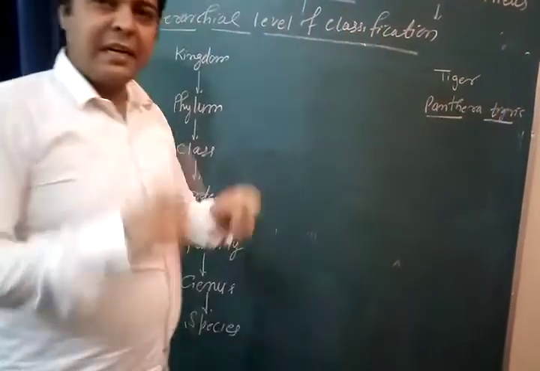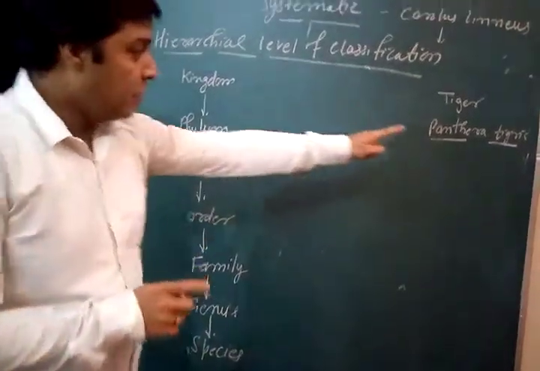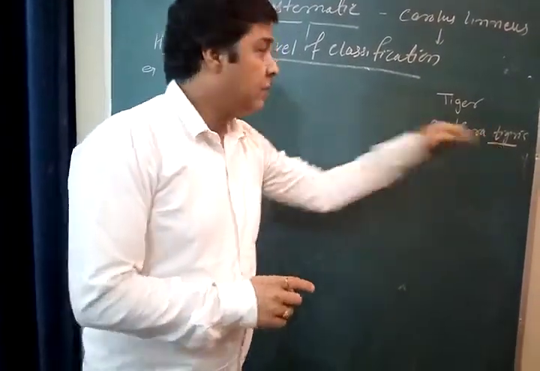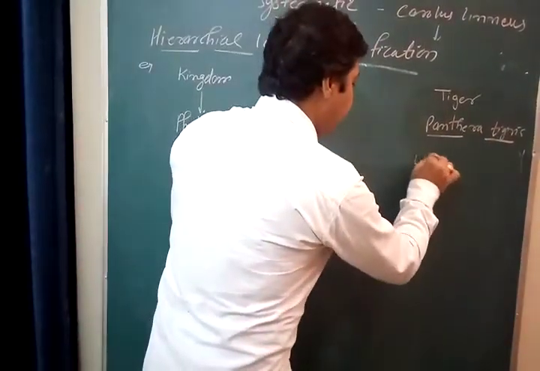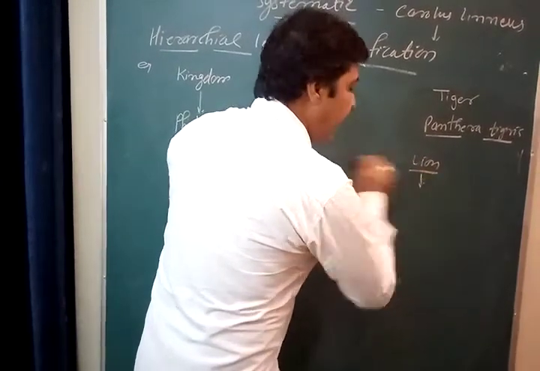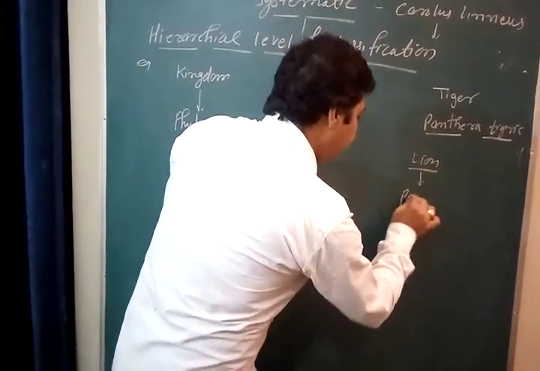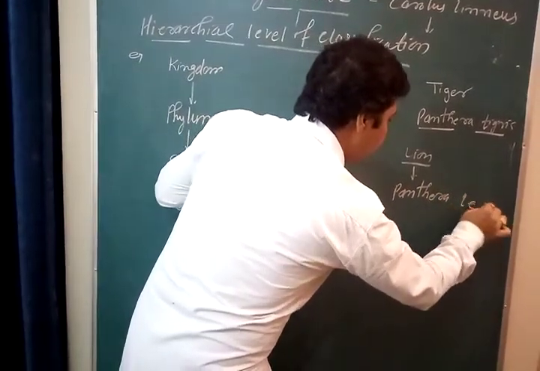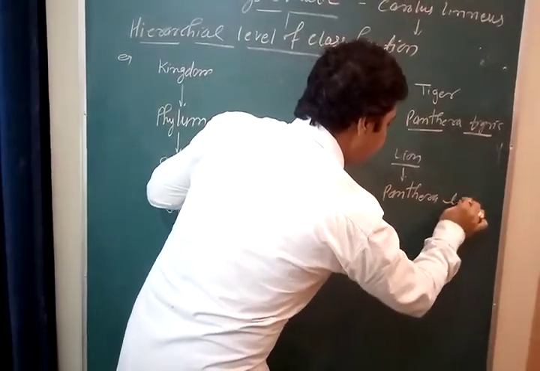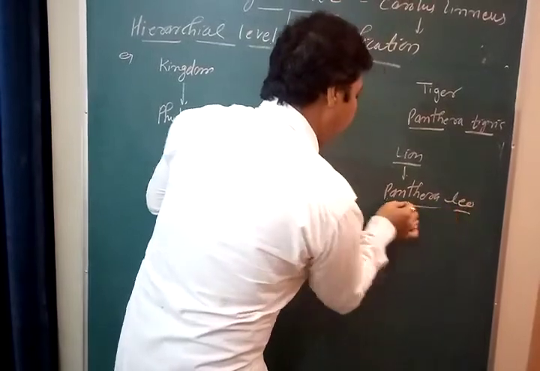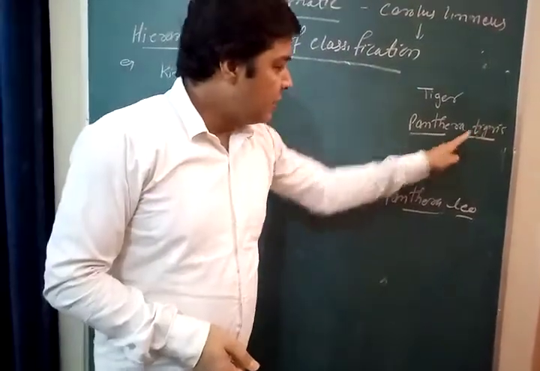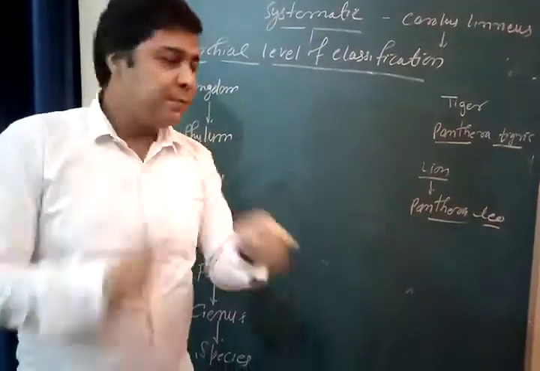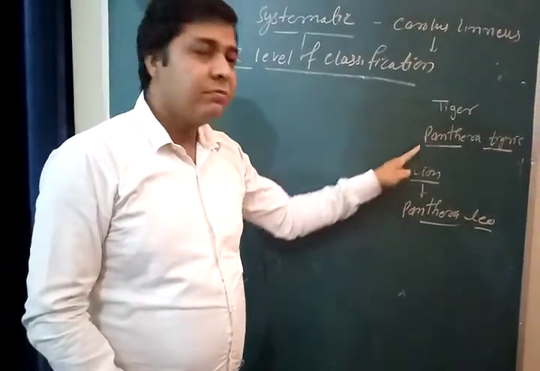Panthera tigris is the scientific name of tiger. So this is the species. If I say lion, the scientific name of lion is Panthera leo. Tigris and leo are different species, but they have the same genus.